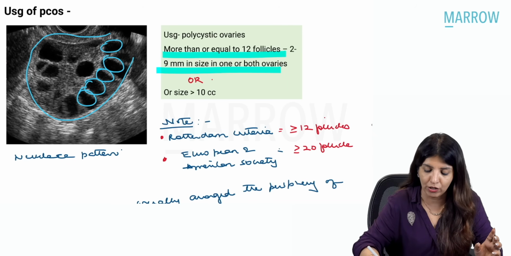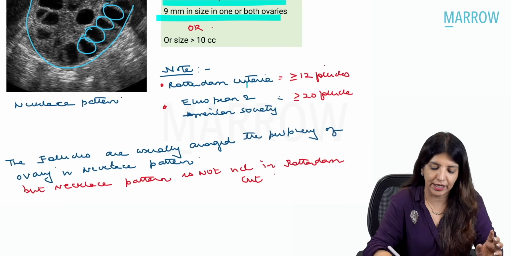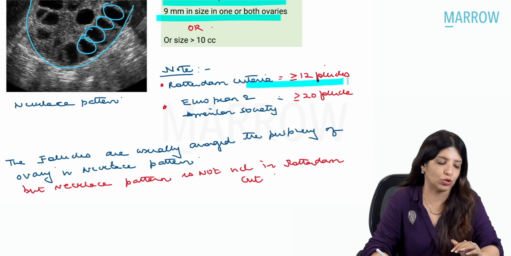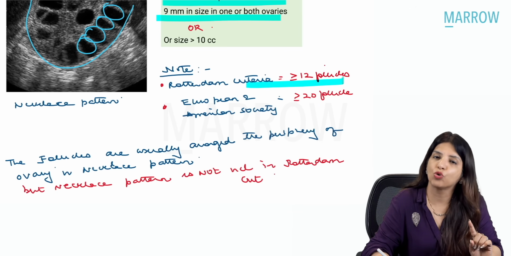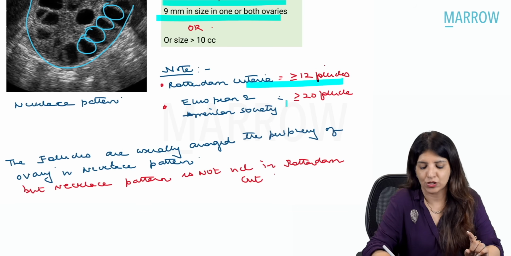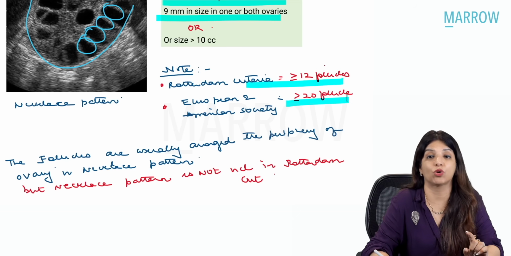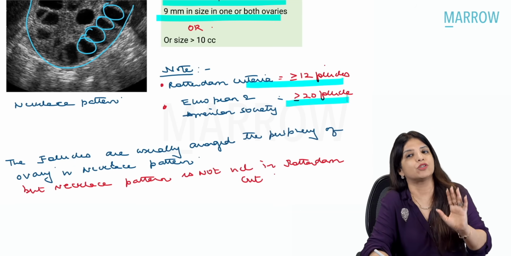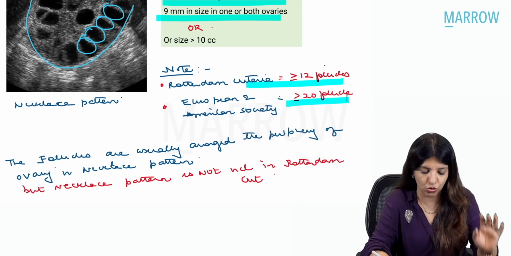Please remember, in Rotterdam criteria, there are more. Rotterdam criteria says that the number of follicles should be more than or equal to 12, whereas European and American societies have recently updated their criteria, and they are saying that for it to be called polycystic ovaries, the number of follicles should be more than or equal to 20. Nevertheless, in Rotterdam, it is still more than or equal to 12.